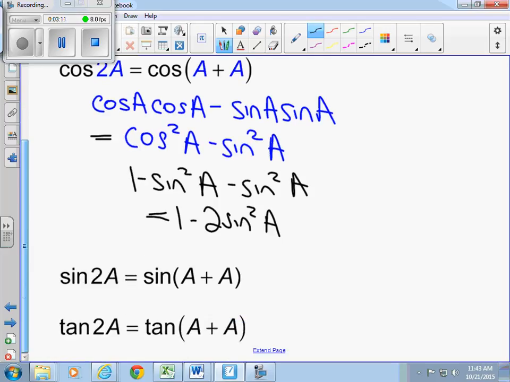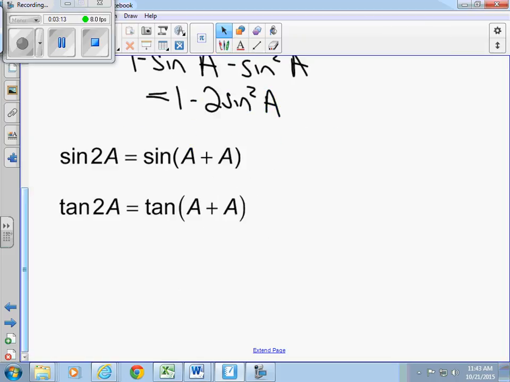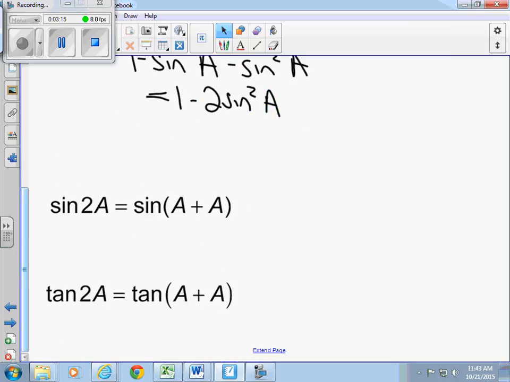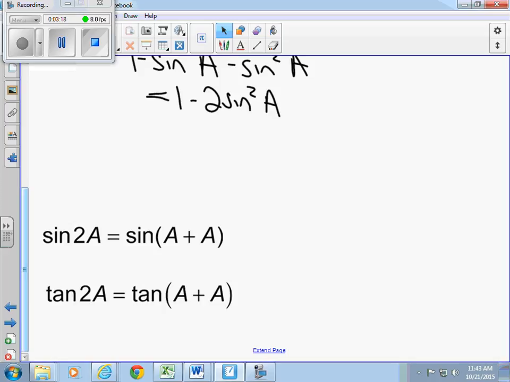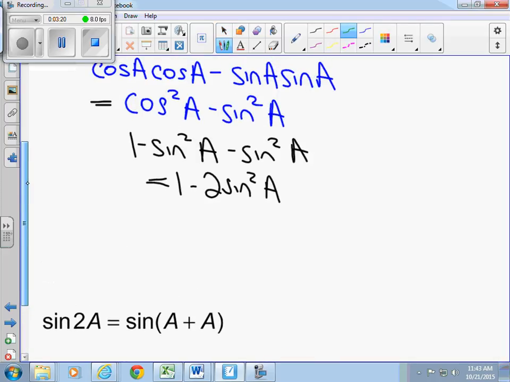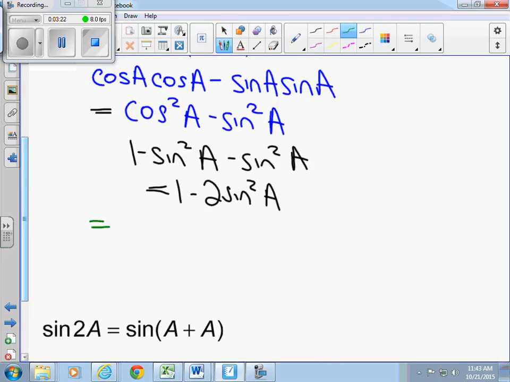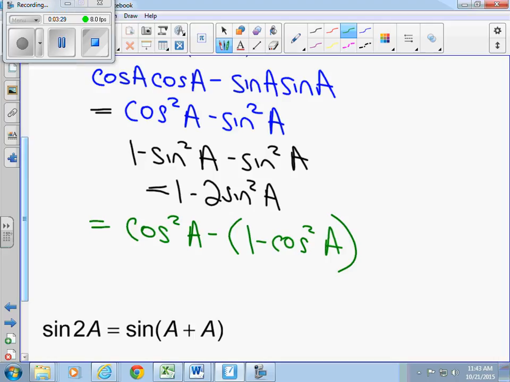And there's one more, as you can imagine. Instead of replacing cosine with sine, I could replace sine with cosine, and I would get cosine squared of a minus 1 minus cosine squared of a, which would be 2 cosine squared of a minus 1. If you look at your trig helper, these are on there. These are called the double angle identities.